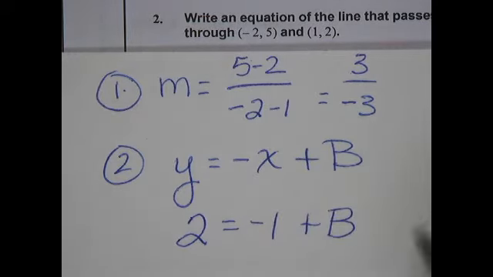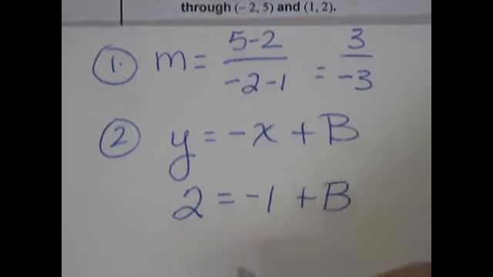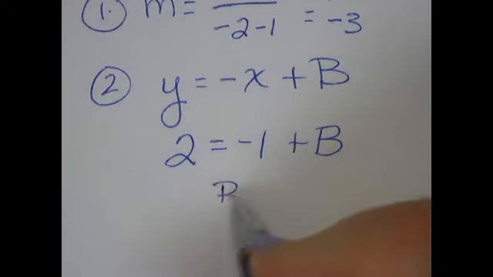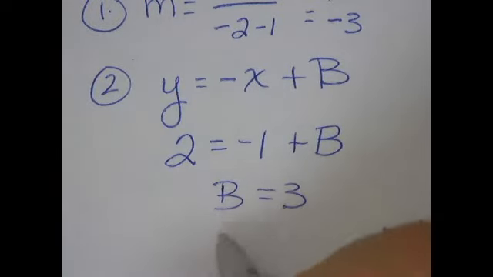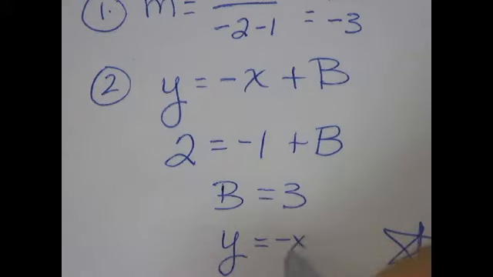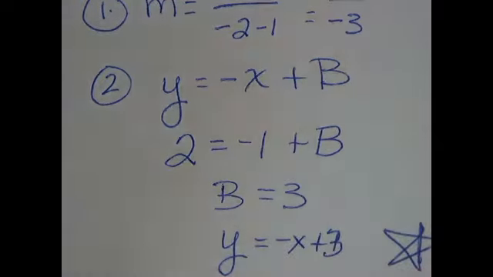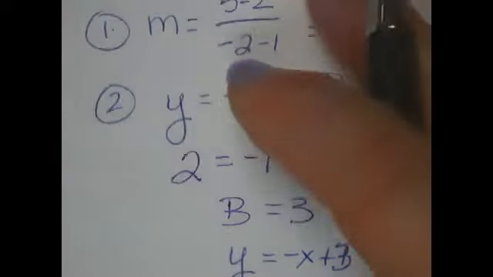Substitute for x and y. So when y is 2 and when x is 1, substitute that in and figure out what b is. So in this case, b has to be 3. So you plug it all together. Your equation is y equals negative x plus 3. Okay.